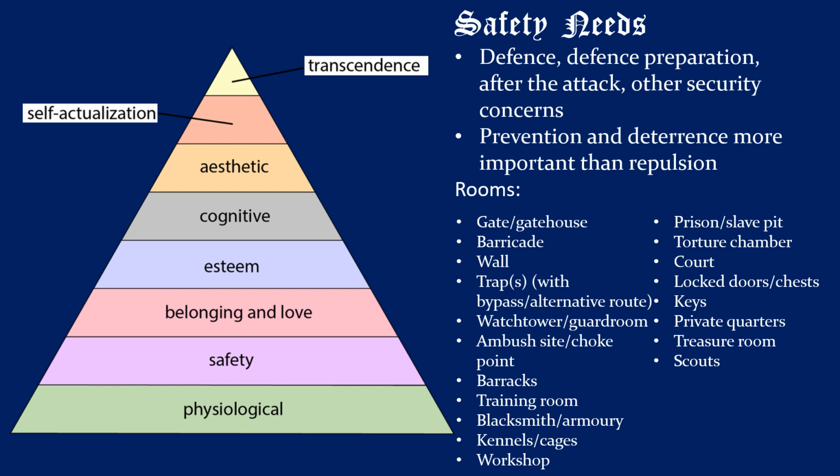However, the best preparation for defence is knowledge of threats. Scouts, watchtowers, and other forms of information gathering and alerting may appear far from the lair, allowing plenty of time for preparation for any intruders. Once an attack has been repelled, the inhabitants may have rooms dedicated to storing those killed or captured.